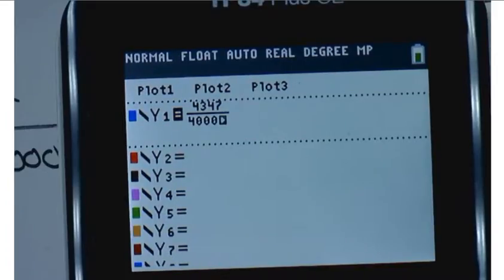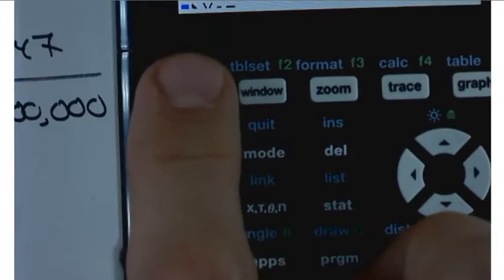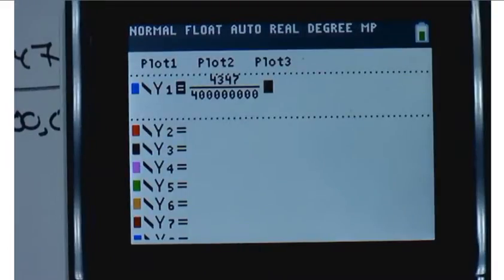How did you get the fraction over fraction again? You hit the alpha key and then the y equals key. The first thing you'll see on that menu will be your answer over fraction. If you don't have that option, if you have an older calculator, an older 84, the 84s can be upgraded. You can upgrade their operating systems to do that.